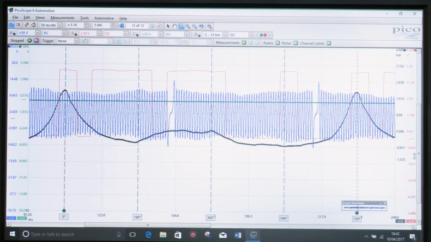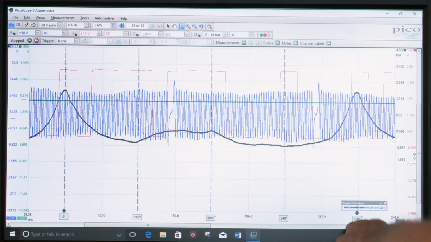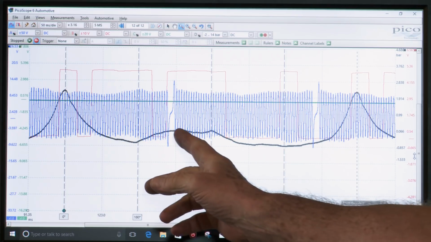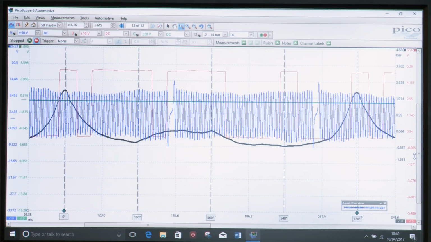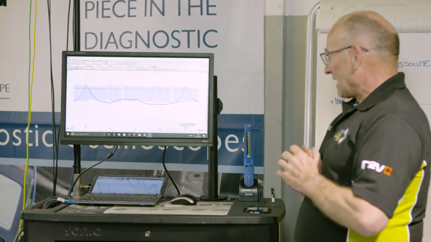So basically we know TDC is at the top of compression. We know it's a 4-stroke cycle, so we know this is the top of the exhaust stroke, and this is the 2nd compression event. So you can see now that these 2 events here are totally theoretical positions known by the ECU, but not relevant to the physical position of the engine.